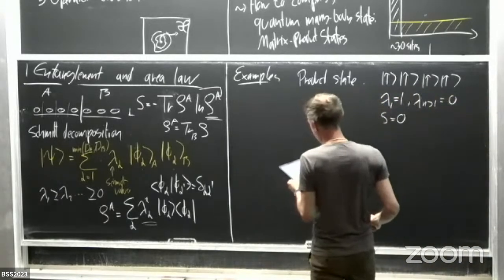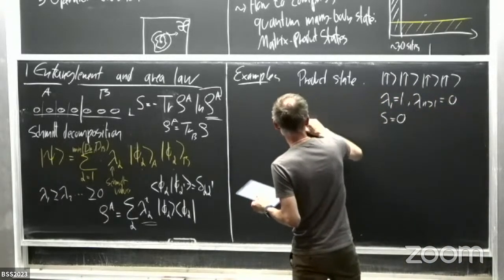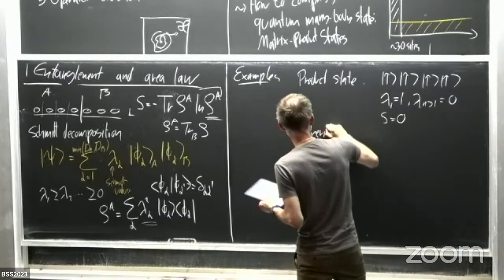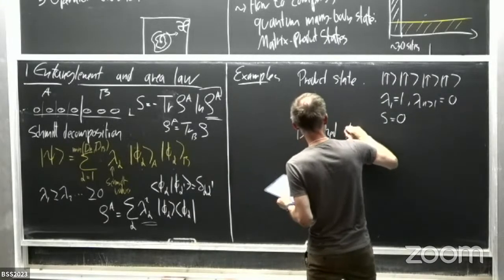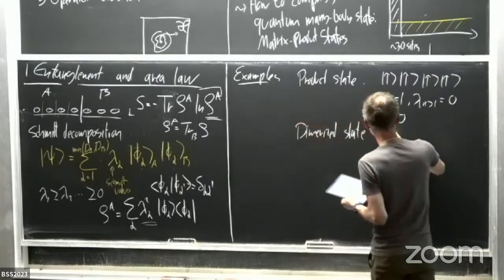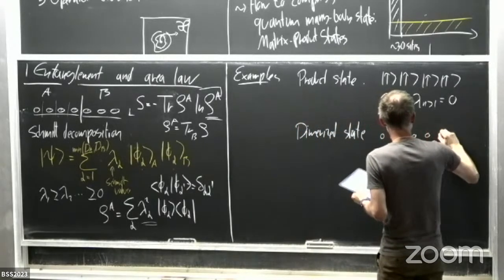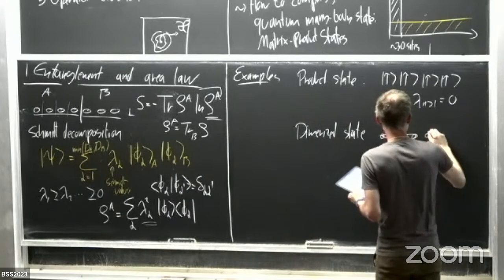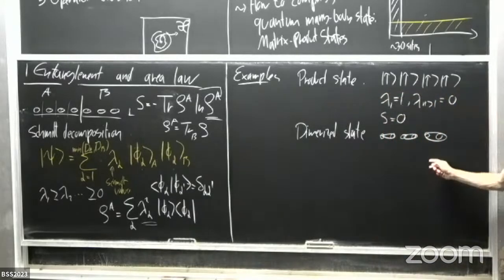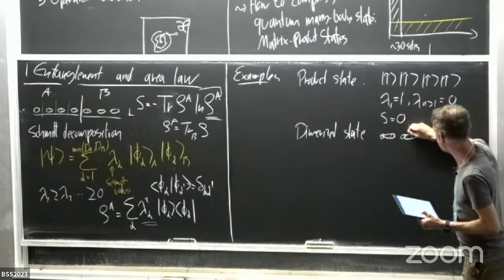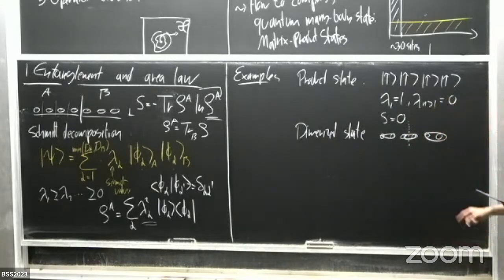Then, as another example, we could take a dimerized state, where we, for example, form Bell pairs of neighboring spins, and we do a bipartition across one of those dimers, or one of these Bell states.